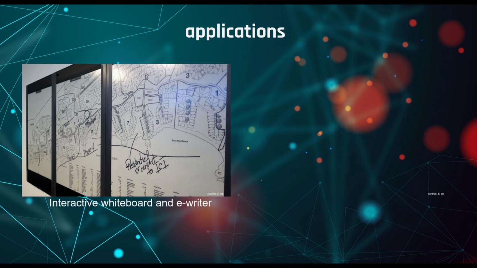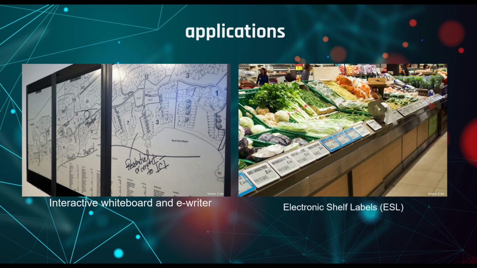Without using chalk, teachers can share information and write notes on the whiteboard, which is more convenient to clean and use. The second one is the electronic shelf labels, which have the ability to wirelessly update content on shelving signage quickly and efficiently, without the need to print paper text and deploy store representatives to change them manually.